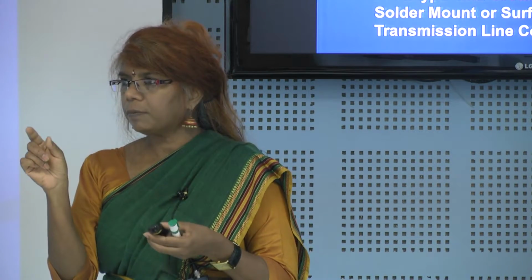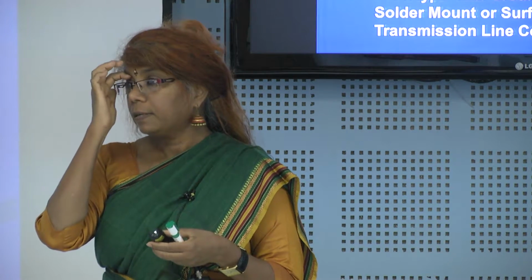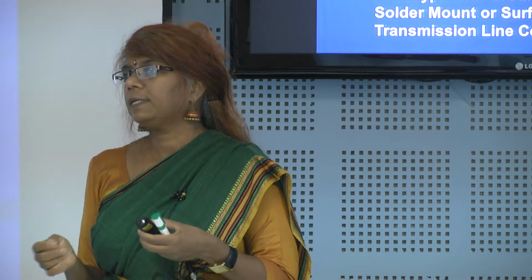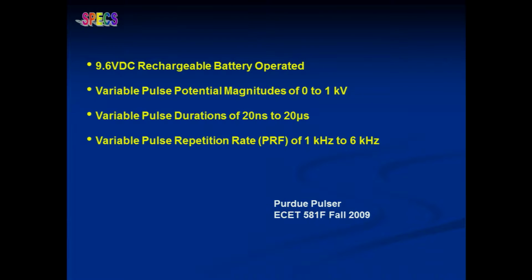But the MOSFET requires DC; you can do the conversion, he did all that, we did not show that. There is a lot of work going on, I am giving the concept. So we built that one also.